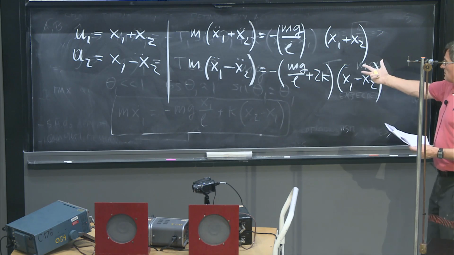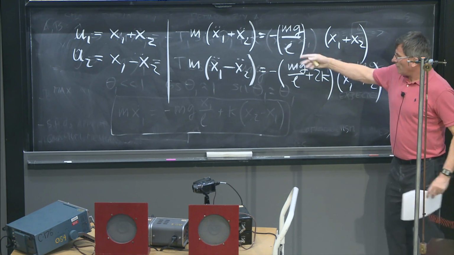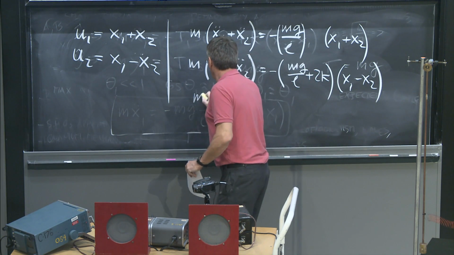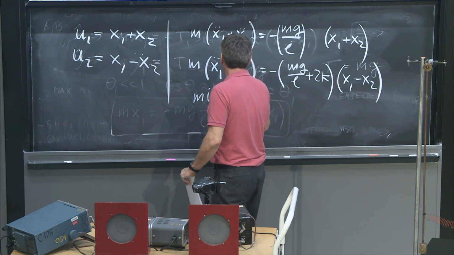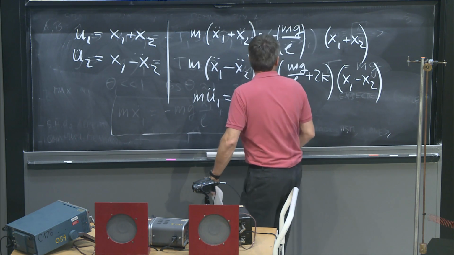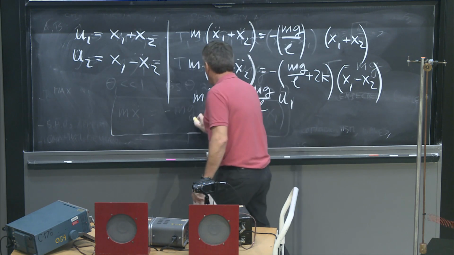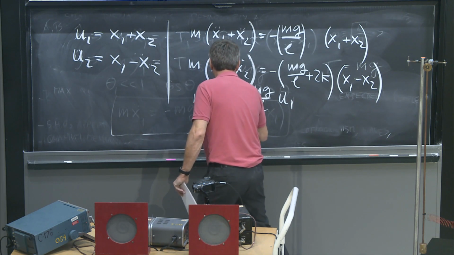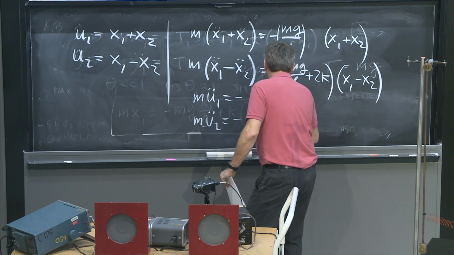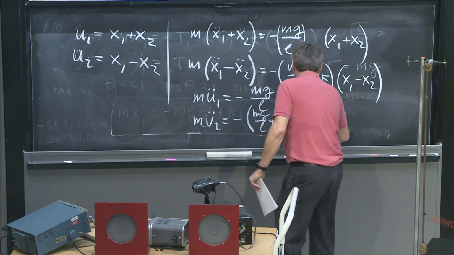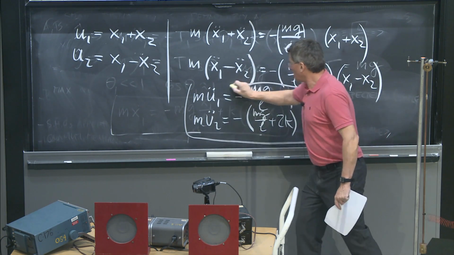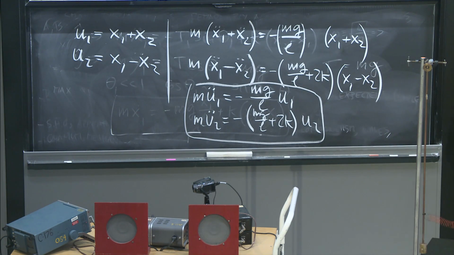If I now write it in terms of normal coordinates, then I have m u1 double dot is equal to simply minus mg over L times u1, and m u2 double dot is equal to minus (mg over L plus 2k) times u2. And if you look at those two equations, they are not coupled.